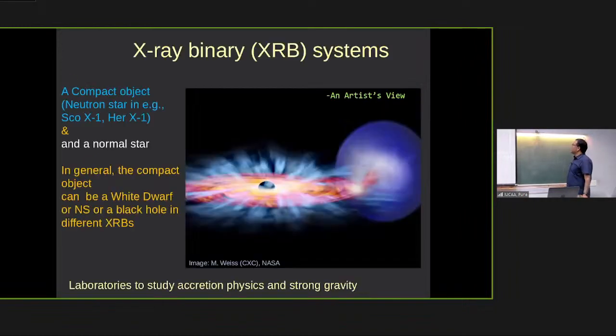Let's see. So X-ray binaries: these are binary systems, and one of the components is a compact object. It could be a neutron star, a black hole, or a white dwarf, which is accreting material from the companion star, and this process gives rise to a flow in the form of an accretion disk, which of course involves conservation of angular momentum of the matter.